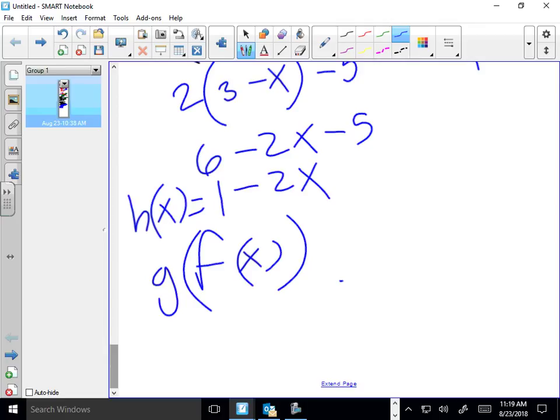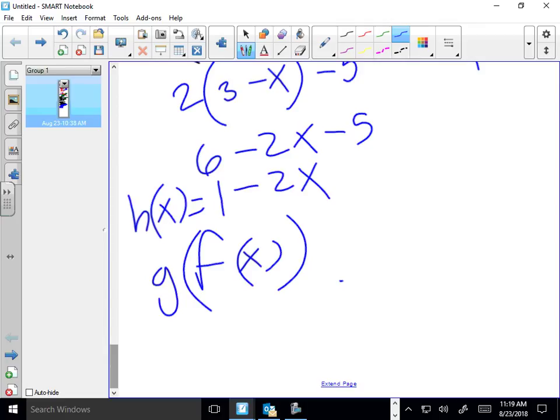Oh, because you're saying f of 2 is negative 1, so you can get rid of that and call it this. So you're going to take that negative 1 now and plug it into g. 3 minus a minus 1. So g of negative 1 equals 4, which means g of f of 2 equals 4.